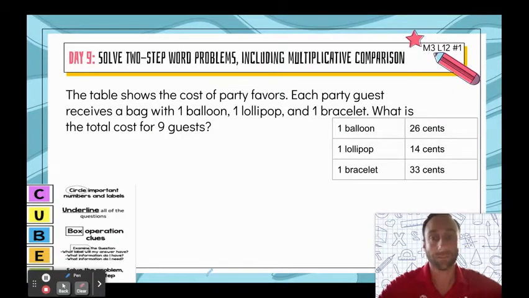All right, so let's take a look at this problem here. I'm going to start off by reading the problem out loud, circling important numbers and labels, underlining all the questions, and boxing my keywords. So the table shows the cost of party favors.